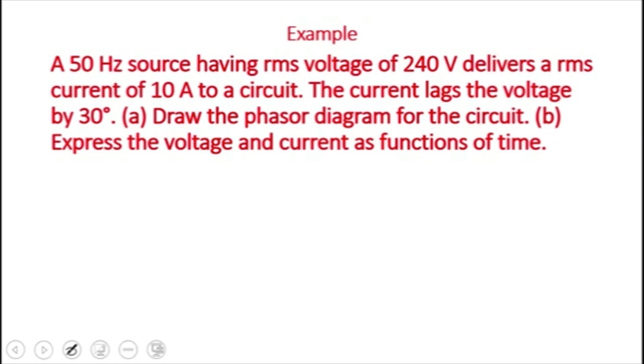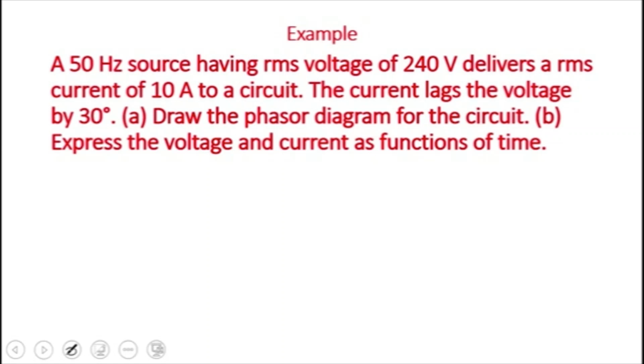So let's try to solve some questions using phasors. In the first example, we say a 50 Hz source having RMS voltage of 240 volt delivers a current of 10 ampere to a circuit.